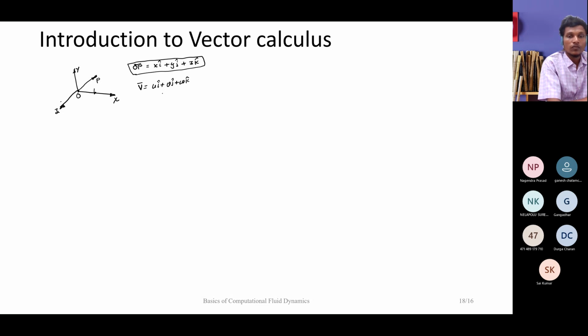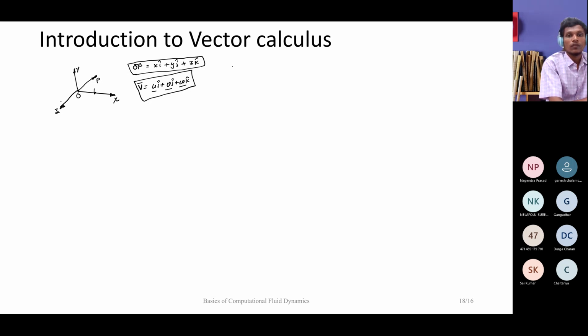The measured values in the x, y, and z directions are u, v, w. This is a very important vector form that we see in the complete fluid mechanics course and the complete CFD course. Everywhere we mostly play with vectors and tensors, so it is very important to understand why the velocity vector is written in this format and how this vector notation is useful for our further analysis in the CFD course.